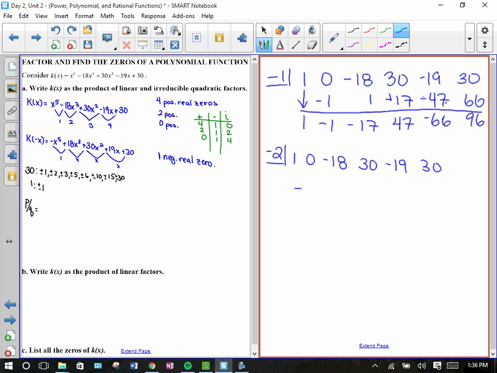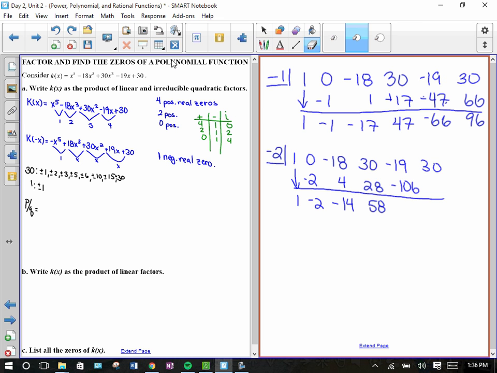Bring the 1 down, negative 2, then positive 4, that's going to be negative 14, that's going to be 28, then 58, that's going to be negative 106, no, 116. That's not going to work.